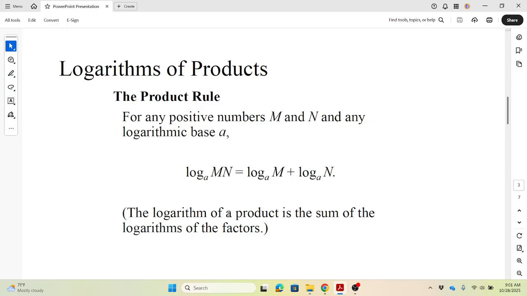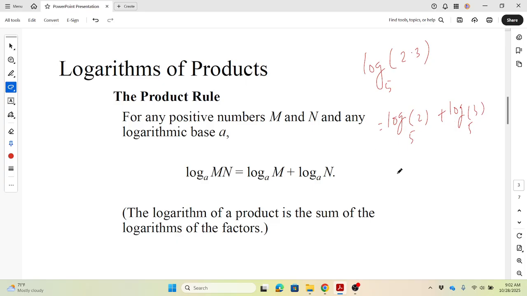The logarithm of a product is the sum of the logarithms of the factors. That's the product rule or product property. For example, if you have log of 2 times 3, let's say base 5, then it's actually log base 5 of 2 plus log base 5 of 3, using this property.